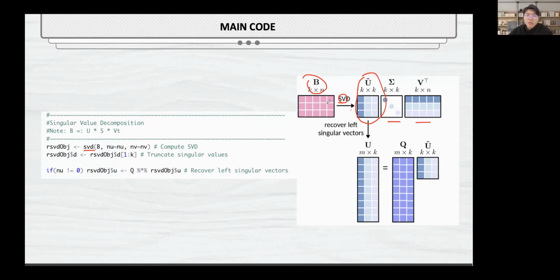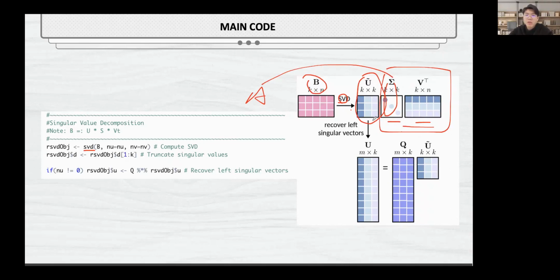Here, instead of computing the SVD of the original matrix A, B is a smaller matrix to work with. The singular values sigma and the right singular vectors of the matrix B are also the singular values and right singular vectors of the original matrix A. So we will just preserve these two.